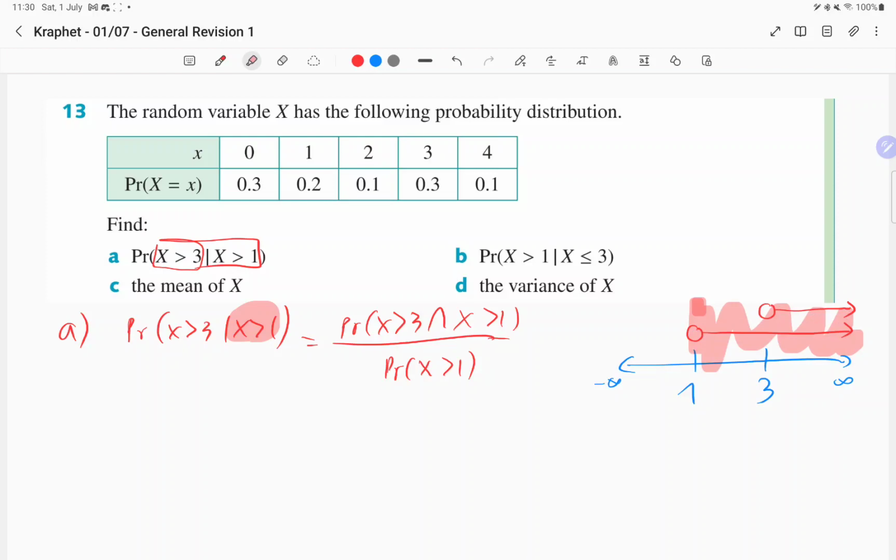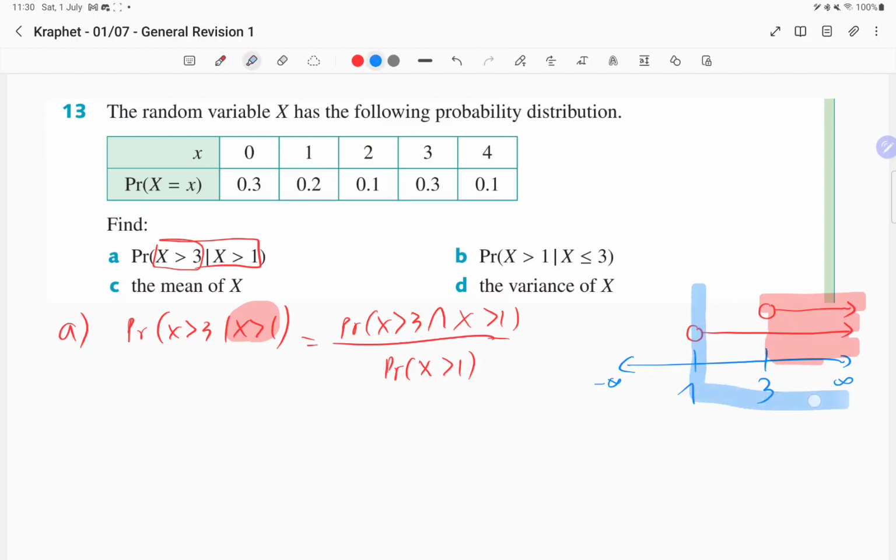Does it make sense? Probability of more than 3, given that it is more than 1, means it must be more than 1 and it also must be more than 3. So it's that part there, exclusive, because that's the part that will overlap with the part that's more than 1. And then what's the total probability?